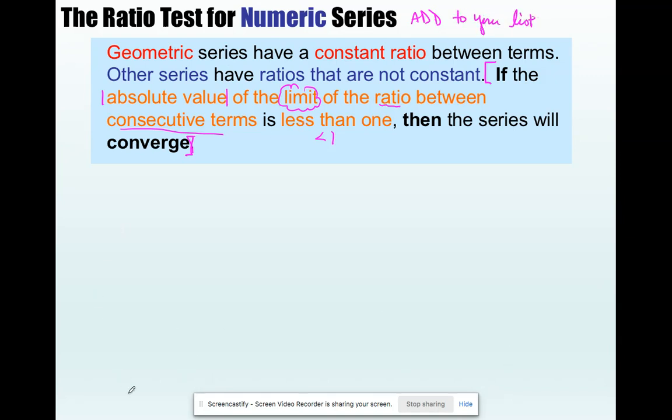I'm going to write it out in more mathy terms. For a numeric series, sum of a_n, where a_n are just your terms, first term, second term, third term, fourth term.